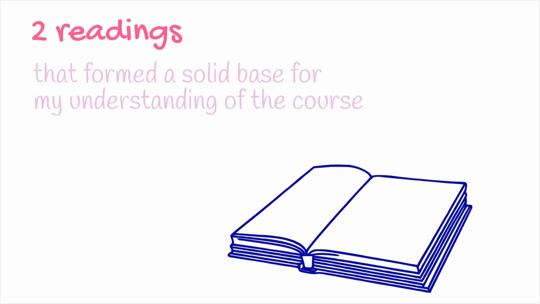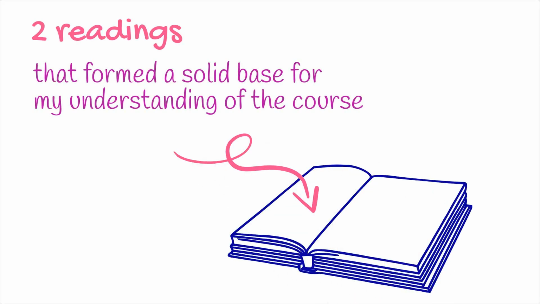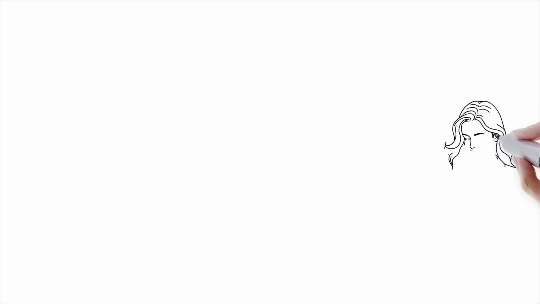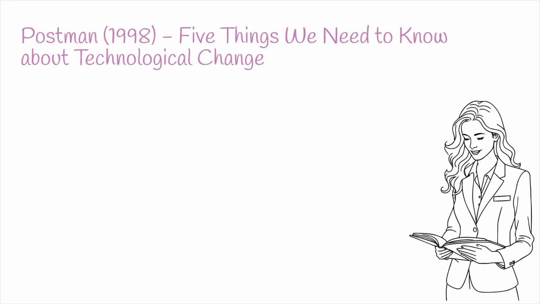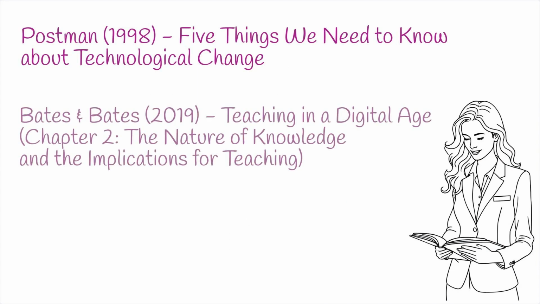Two readings formed a solid base for my understanding of the course. The readings that impacted me most at the beginning of the course are Neil Postman's talk titled 5 Things We Need to Know About Technological Change and Chapter 2 of Tony Bates' 2019 Teaching in a Digital Age book.